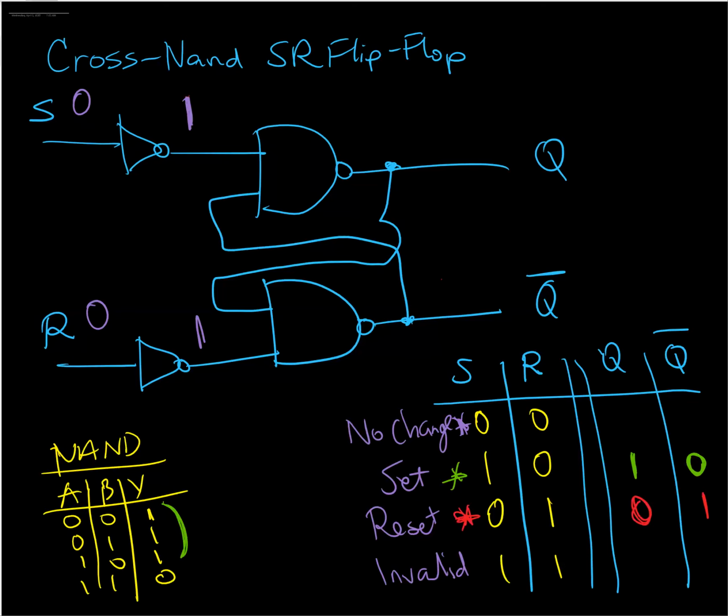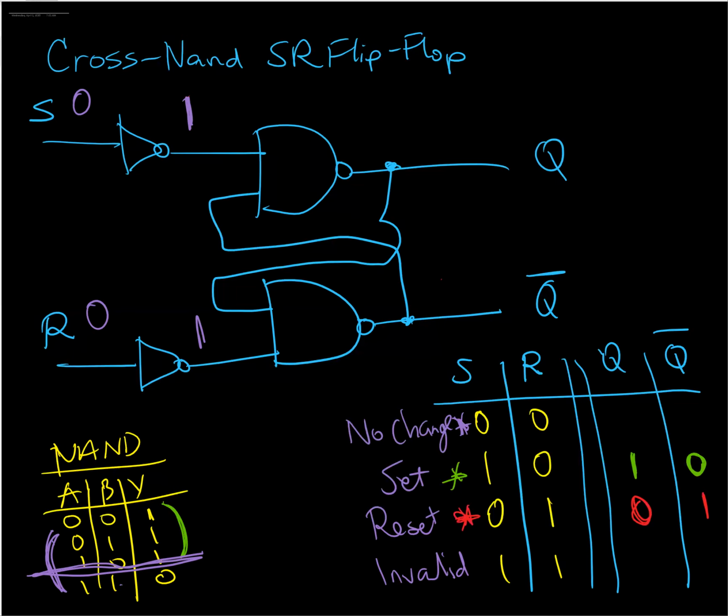Now, if we look at the truth table, here are the conditions where one of the inputs is 1, and we can sort of split them in two like this and consider, okay, well, if the other input is a 1, the output will be 0. If the other input is a 0, the output will be 1. So the output is always going to be the opposite of whatever the other input was.